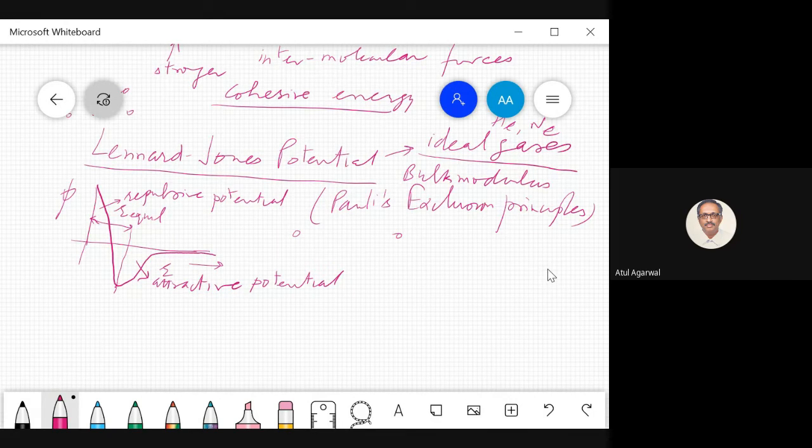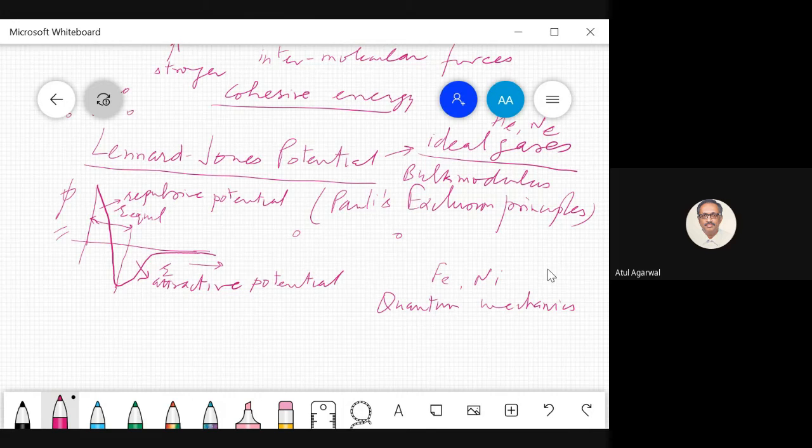But if you have different materials like iron, nickel, they have their different sets of these potential functions, and these are found by quantum mechanics. They are very elaborate functions.